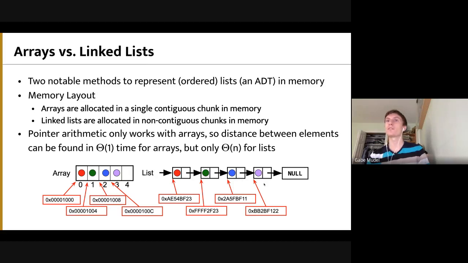You guys should have learned about that in 280. What's important to note about the difference between arrays and linked lists is that pointer arithmetic only works with arrays, and that's because of this contiguous factor, right? So if we want to access array index 3, what we can do is use pointer arithmetic and say, well, index 3 is just going to be index 0.